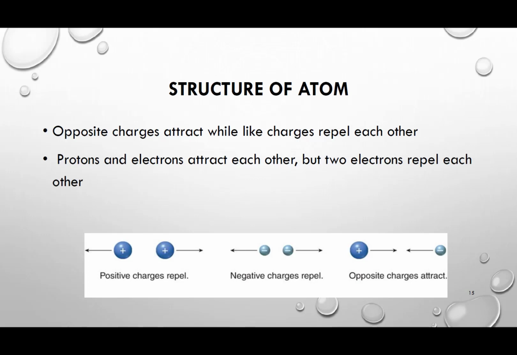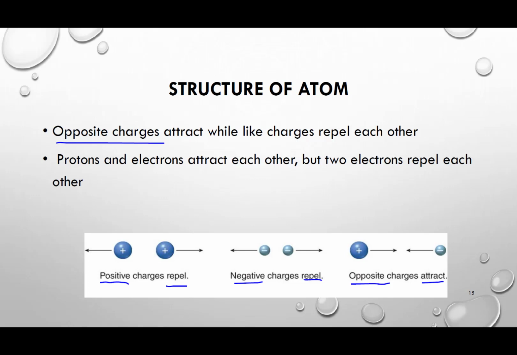Now let's continue with the structure of the atom. Opposite charges attract each other. As you can see in this picture, positive, negative, which are opposite charges, attract. And similar charges repel. That means positive, positive repel, negative, negative repel.